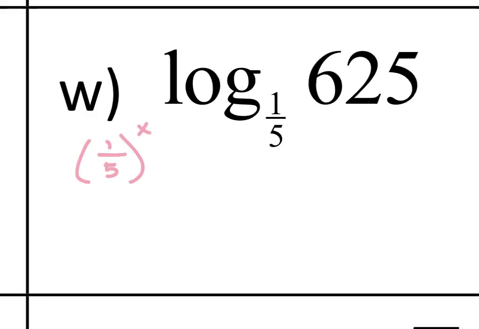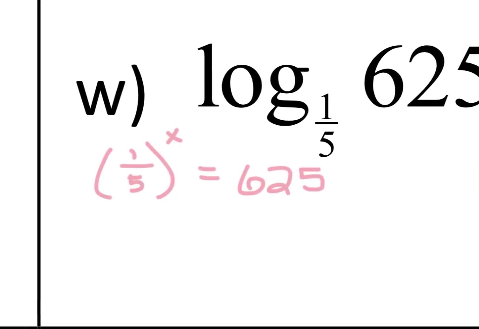So here, my process says, take the base of the logarithm. I'm trying to figure out what power it's raised to that would give me 625 as an answer. And now what I want to do is ask myself, is there a way that I can write the number that's the base with the x on it and the other side of the equation both as a base with an exponent and the same base with an exponent?